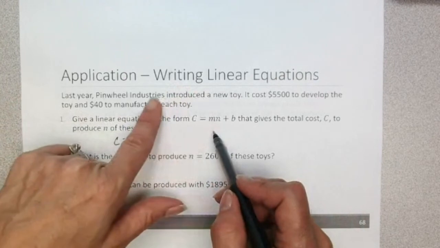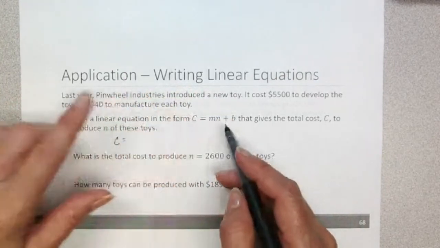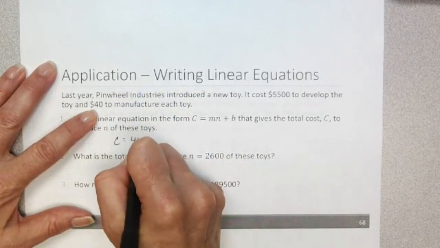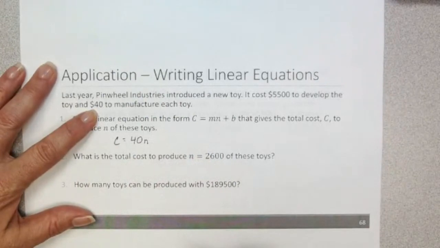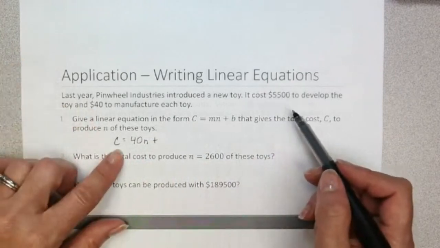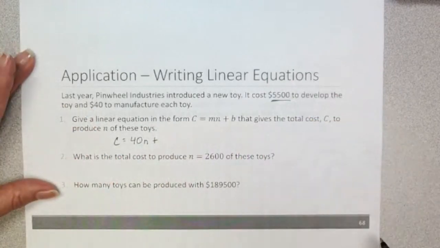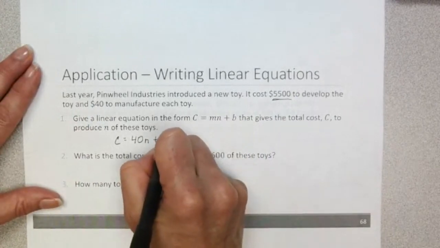What is the rate of change in the costs here? Well, it says it's $40 to manufacture each toy. So it looks like 40 is my rate of change. So 40 times the number of toys that we're manufacturing, and then plus my initial value or my starting point. This is a cost equation, right? So the initial cost is that $5,500 that was required to develop the toy.